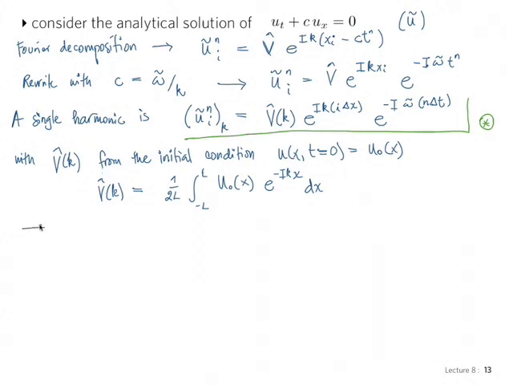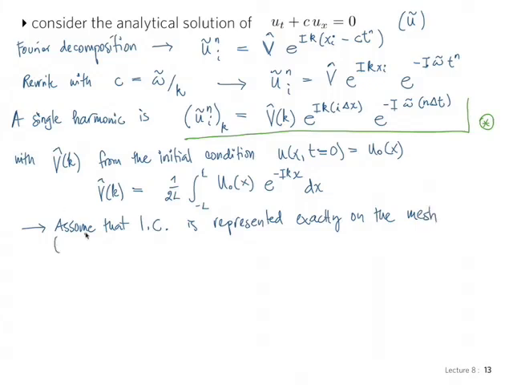So assume that the initial condition is represented exactly on the mesh, except for, of course, just round-off errors. Machine errors are okay, but we consider that to be exact.